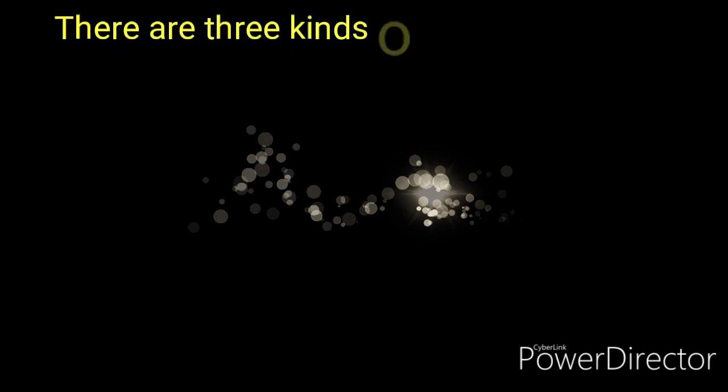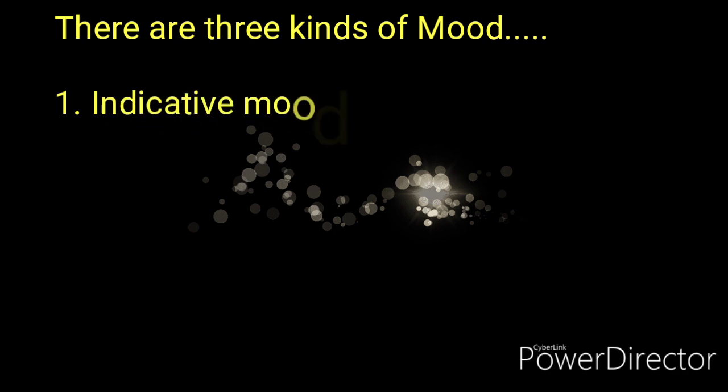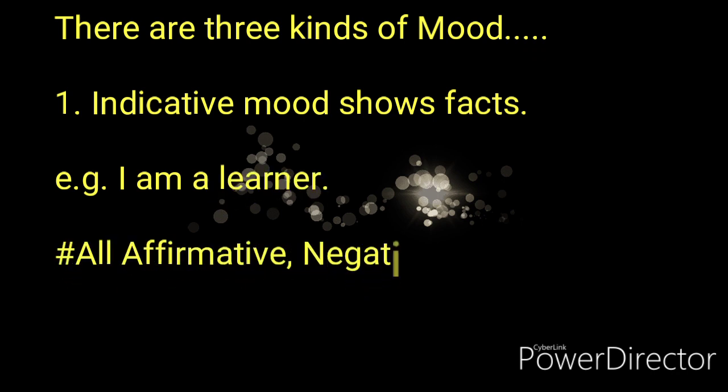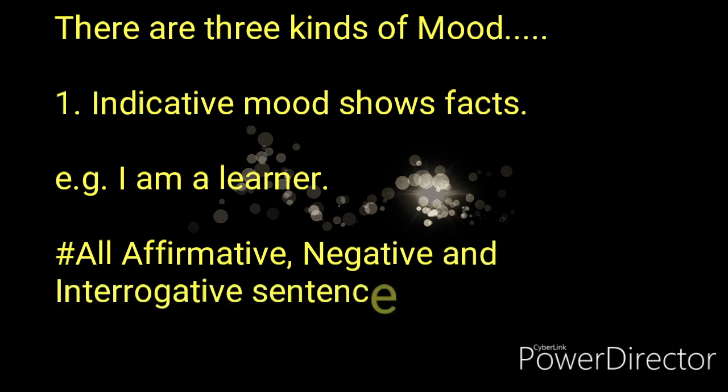There are three kinds of mood. Mood is a verb form. First, indicative mood shows facts. I am a learner. This is showing a fact. Means it is a fact that I am a learner.